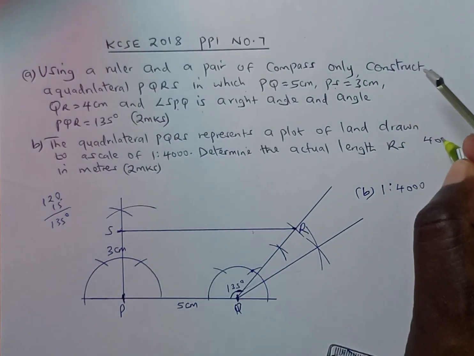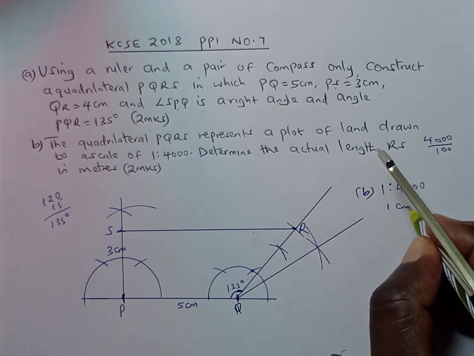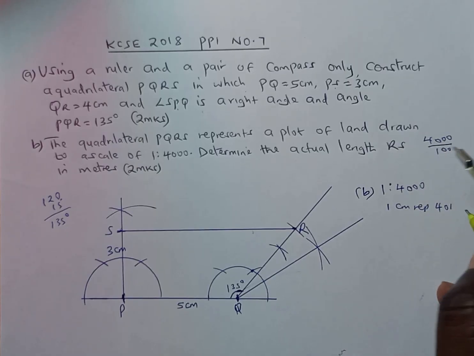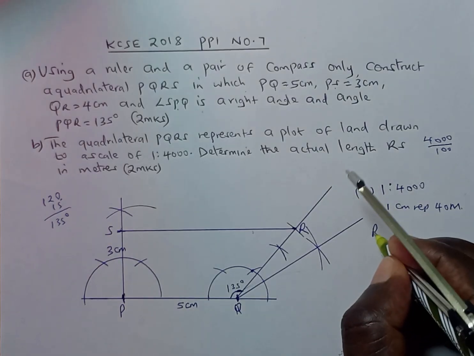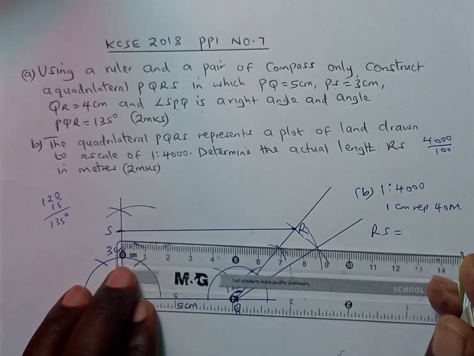If you take 4,000, you divide by 100 to change centimeters into meters. We are going to have 1 centimeter representing 40 meters. And in this case now, to get RS, we are going to measure the distance in centimeters.